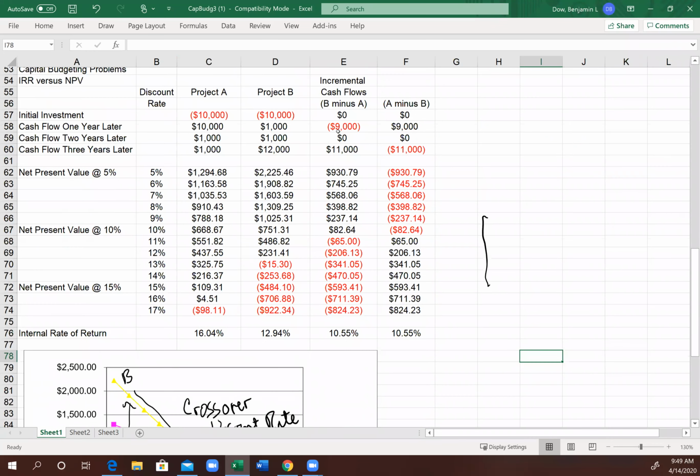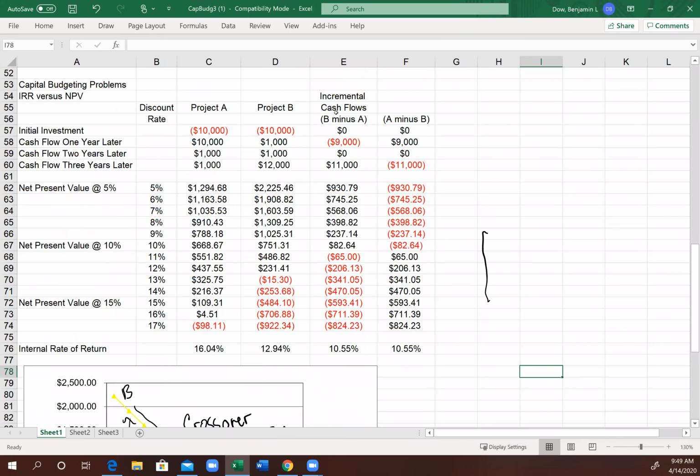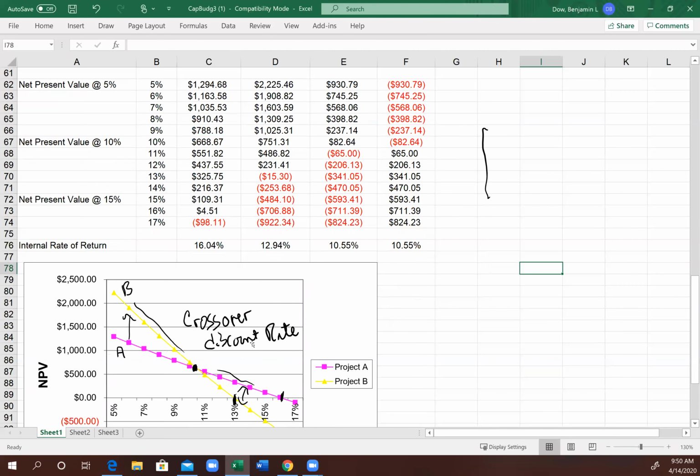But the crossover discount rate is found by taking the difference between project A cash flows and project B. It doesn't matter if you do B minus A or A minus B. If you subtract out the difference, then solve for the IRR of the difference, you can find the point at which the projects cross over. Okay.